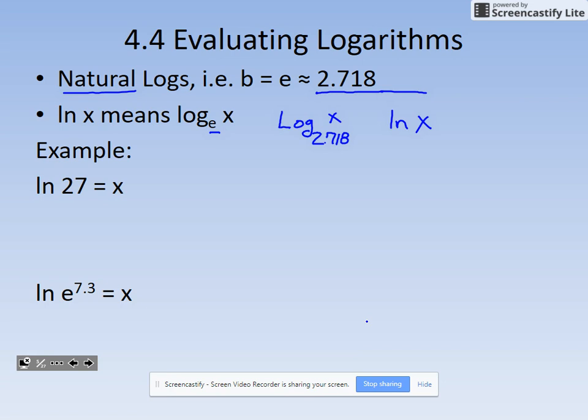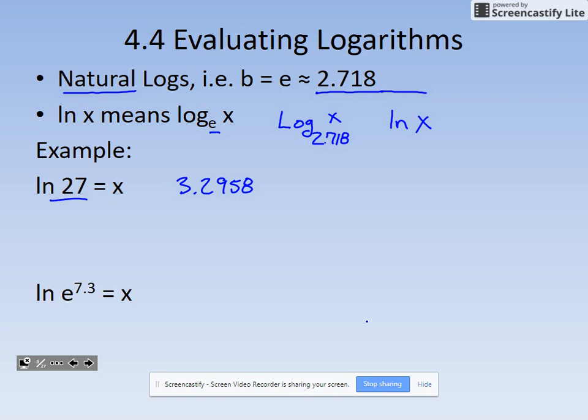So now find the natural log key on your calculator. It should be right below the log button. And go ahead and try this. What's the natural log of 27? So hopefully you get 3.2958 and a bunch of other numbers.